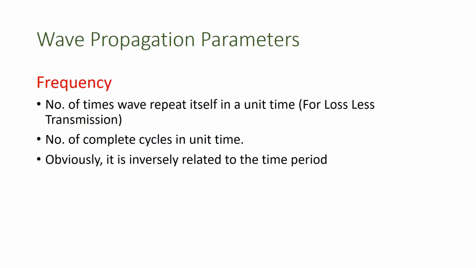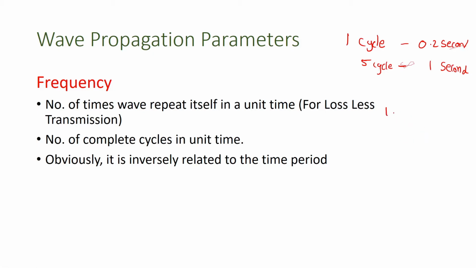Obviously, it is inversely related to the time period, because if one cycle takes 0.2 seconds to complete, then in 1 second, how many cycles are present? The answer would be 5, because it takes 5 cycles to complete 1 second.